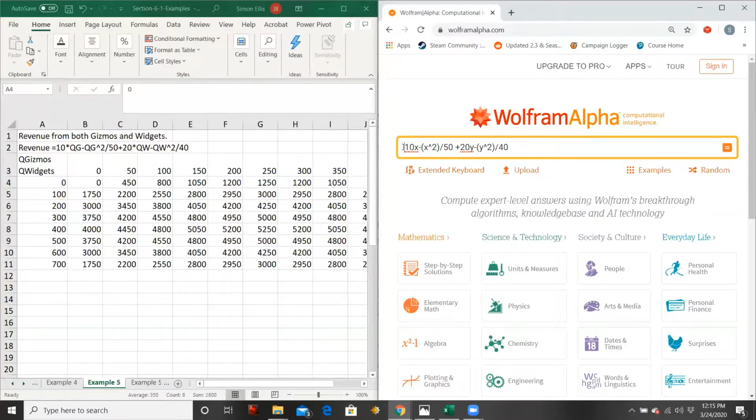And then we want to say graph, and our x is going to go from 0 to 500, 0 less than x less than 500, 0 less than y less than 700.